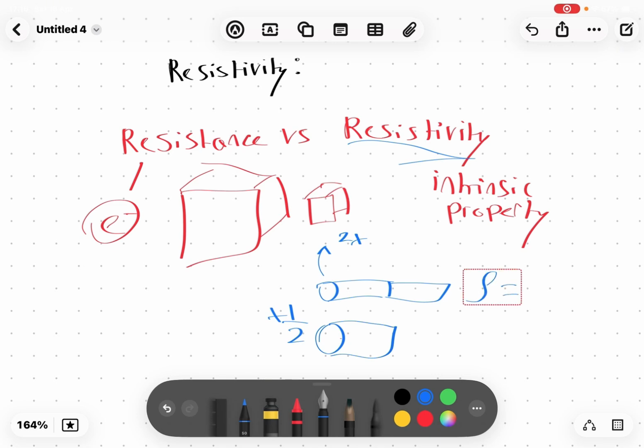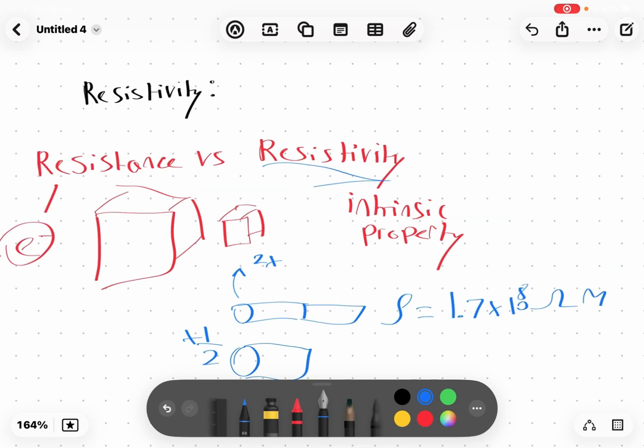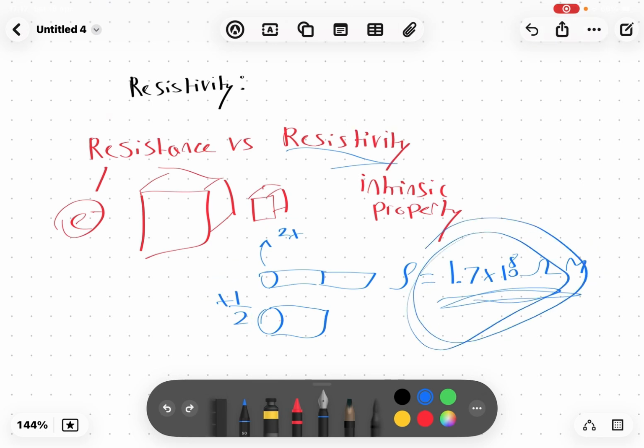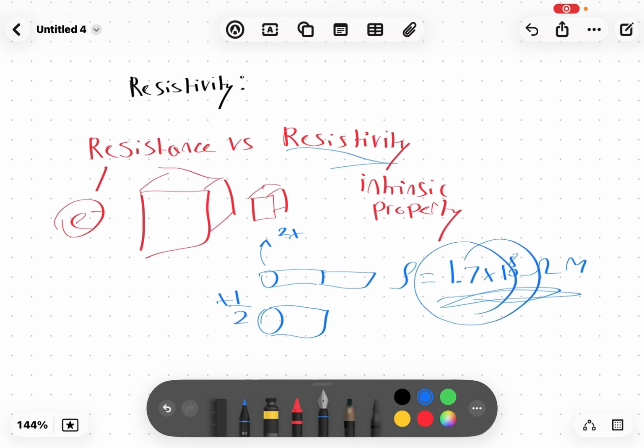Let's say for copper, for example, the resistivity is 1.7 times 10 to the power of minus 8 ohm meters. Even though the resistance doubles and halves, the resistivity doesn't change. For the material, it doesn't change in general.